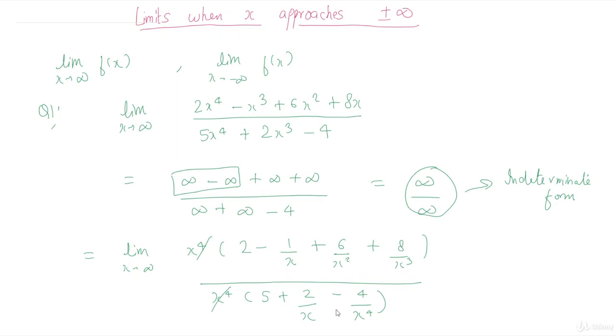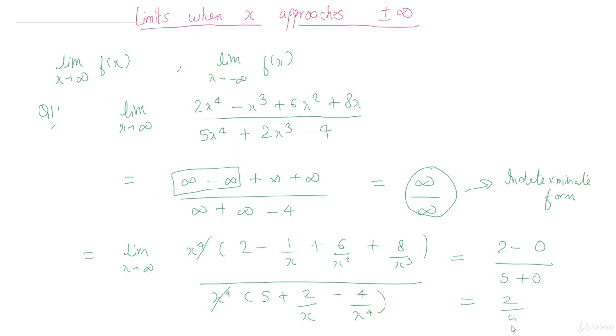Similarly, all these parts in the numerator and the denominator will be approaching 0. So we can rewrite this as 2 minus 0 plus 0 plus 0 over 5 plus 0 minus 0. So the answer comes as 2 by 5.